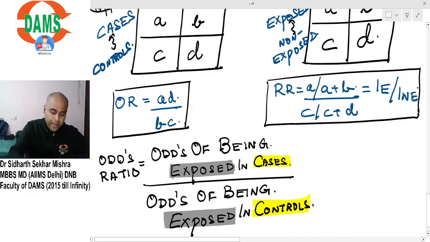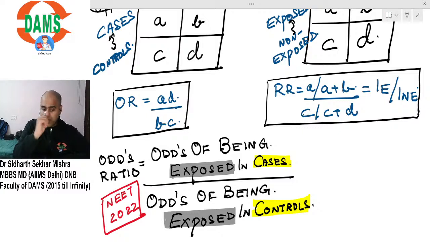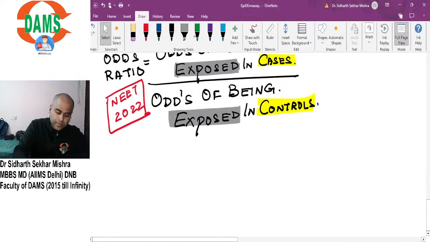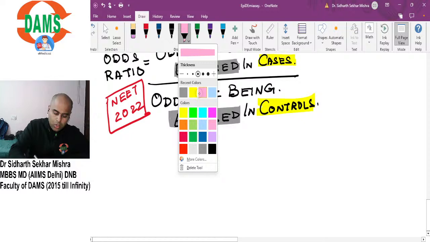This was the best question which was asked in NEET 2022. Yes, so this is a very, very important concept. Yes, absolutely right. This is also called cross product ratio. Now, what is odds? What is odds?